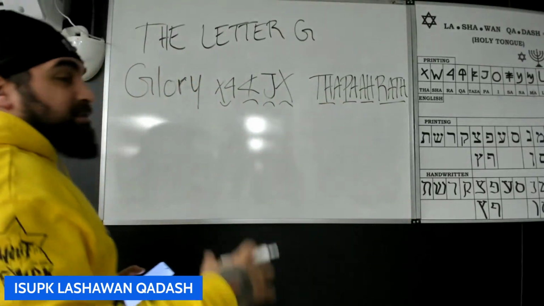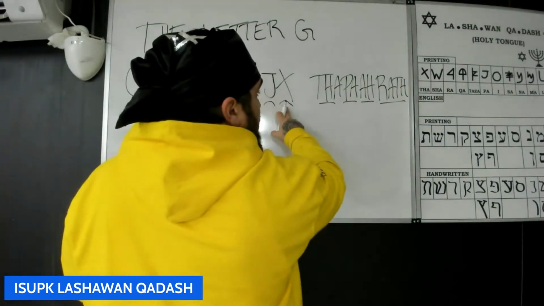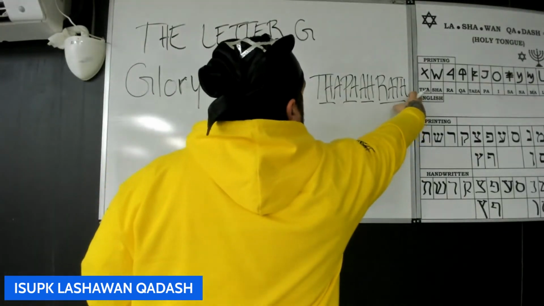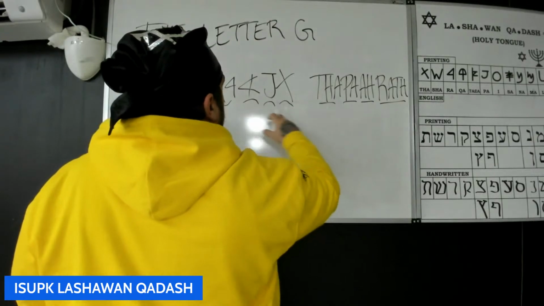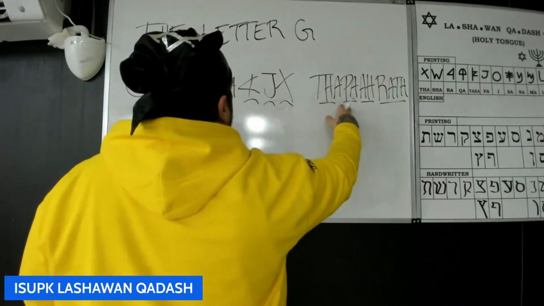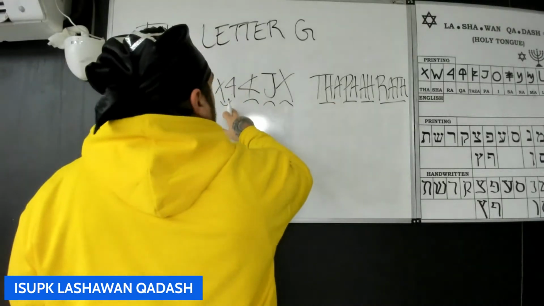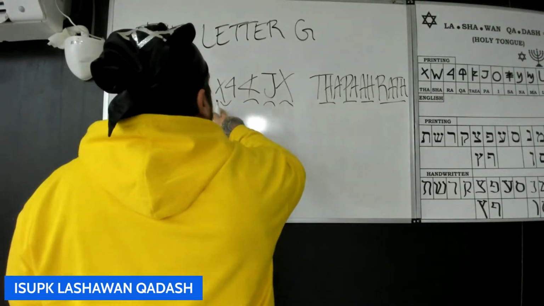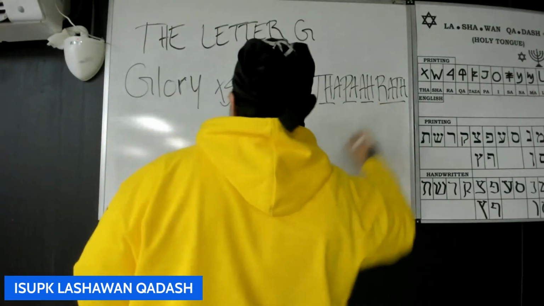If my writing is kind of sloppy, I apologize. But you got the tha. If everybody got their notes, tha, C-H-A, that's tha. Pa, pa. A, and wrath. You only take off the A on the tha, but you keep the TH, so wrath.